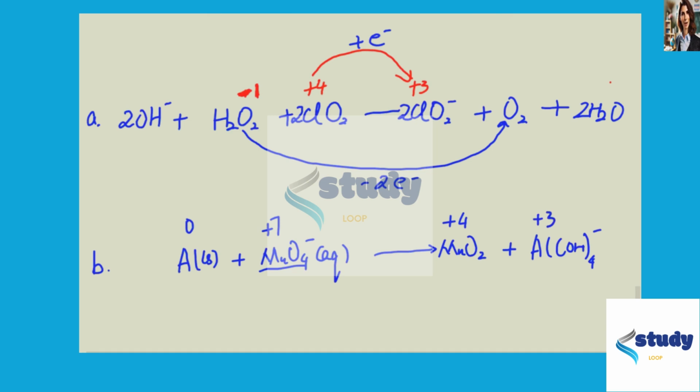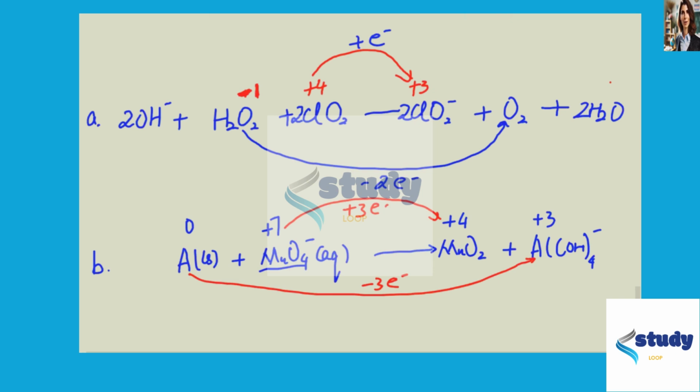So you can see here that the manganese is gaining 3 electrons for each one, and aluminum is also giving 3 electrons. So it's already balanced since they have the same. Now what we need to do is balance the other elements.